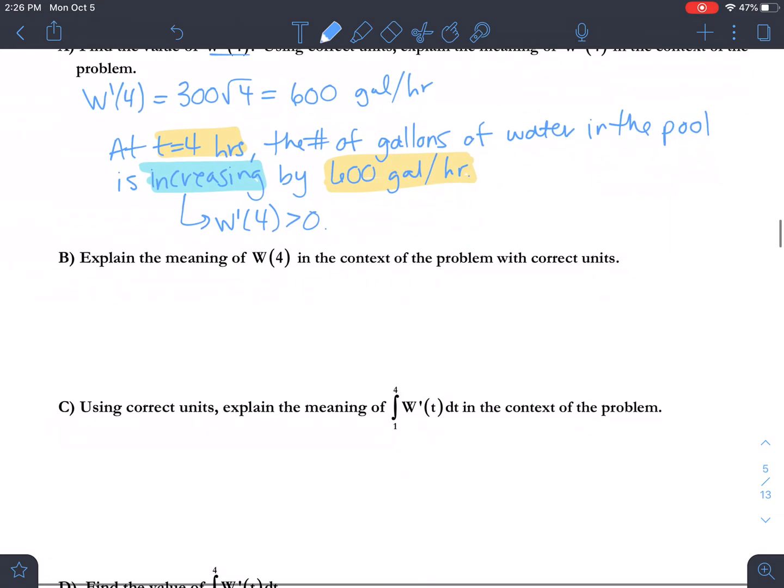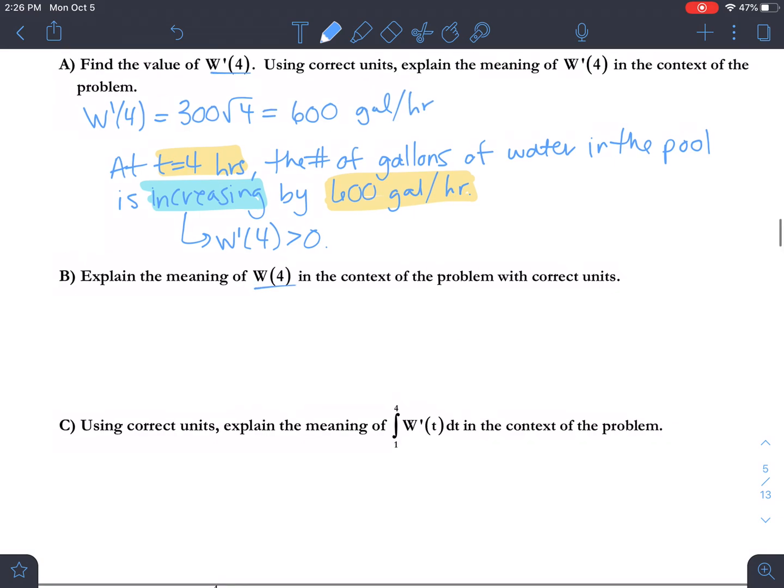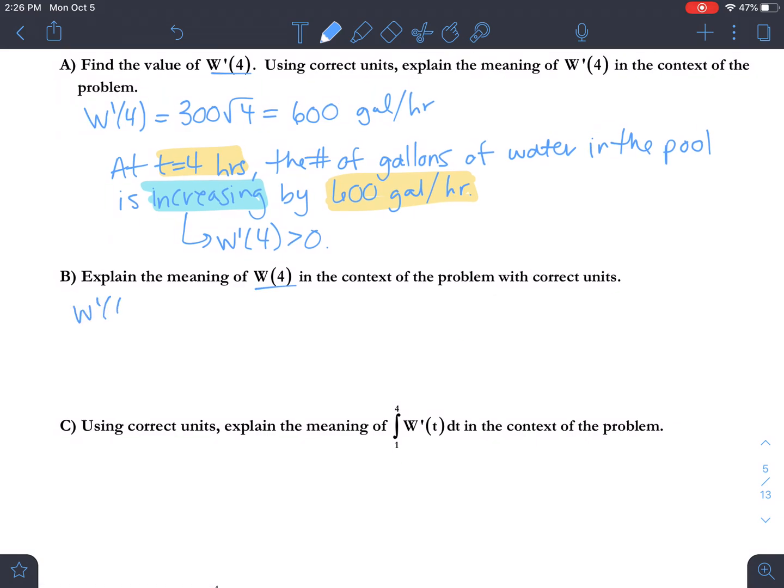All right, so then what about W of 4? Well, W of 4, remember, if W prime of t is gallons per hour, then W of t would just be gallons. Remember, this is the derivative of W of t. Okay, so in general, if we're just looking at W of 4, we're not looking at the rate of change. We're just looking at, all right, well, W of 4 is at t equals 4, there's some amount of gallons in the pool, right?